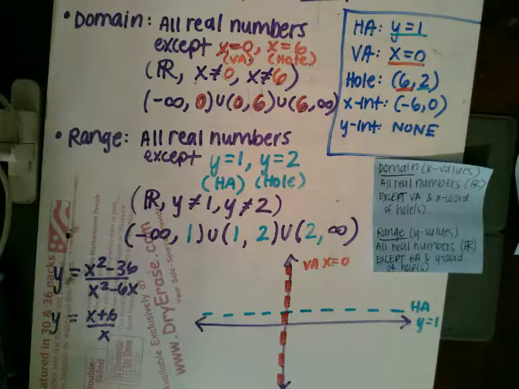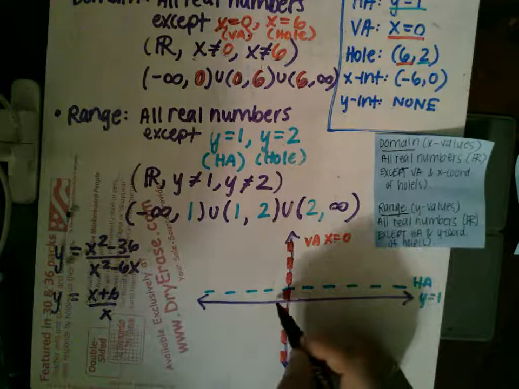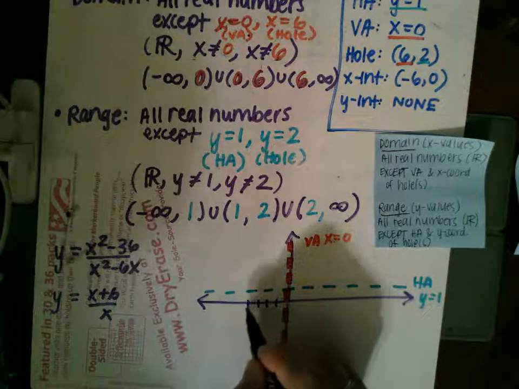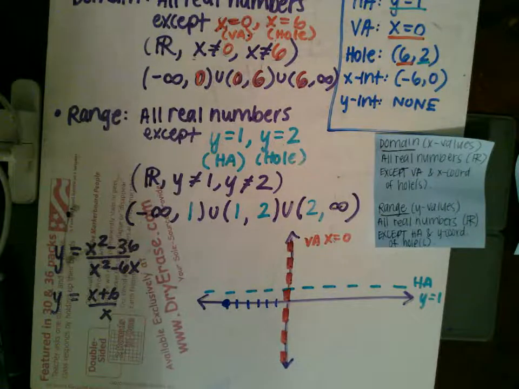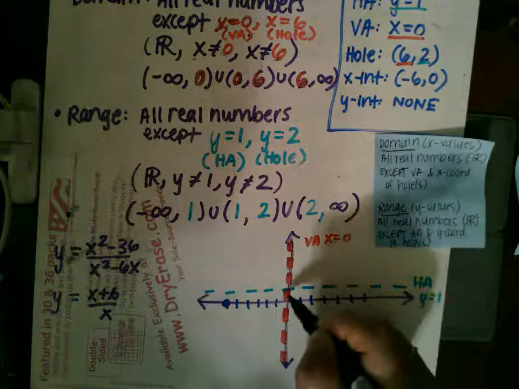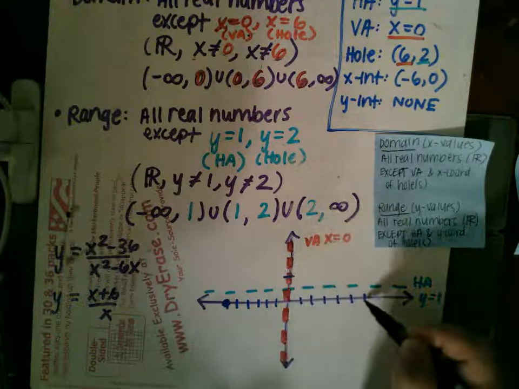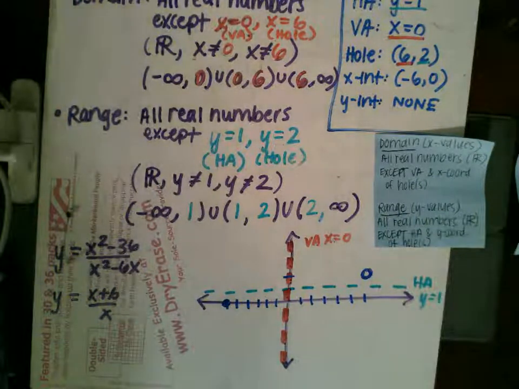All right. We also have an x-intercept at negative 6, 0. So on the back end, 1, 2, 3, 4, 5, 6. Here is my x-intercept. And we have a hole at 1, 2, 3, 4, 5, 6. Here's x is 1. Here's x is 2. So there's a hole over here.